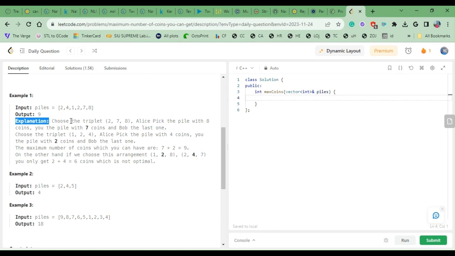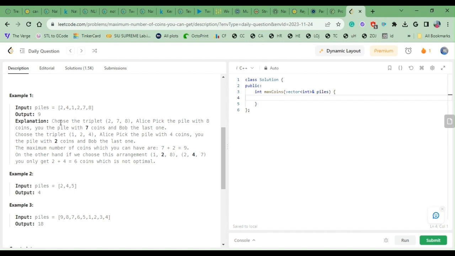Like here, the first example is explained clearly: you have these piles, and the piles' length is 6, which is divisible by 3, and the output is 9. How is it 9? They explained it here.